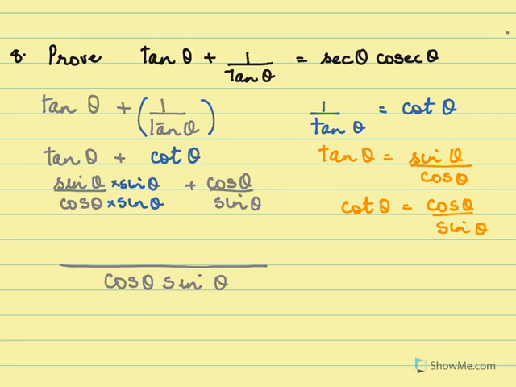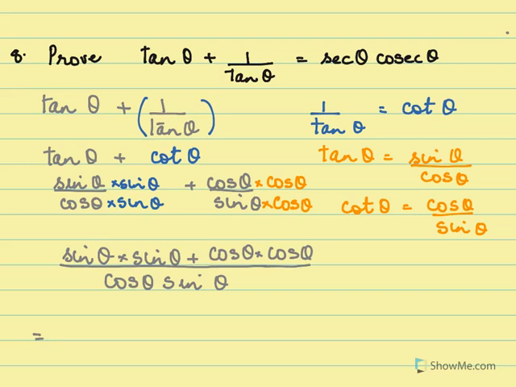So here I have sine theta into sine theta. On the other side, it was sine theta. I took LCM, so to make it cos theta sine theta, I need to multiply by cos theta to get the LCM. So numerator also cos theta. So here I have cos theta into cos theta.